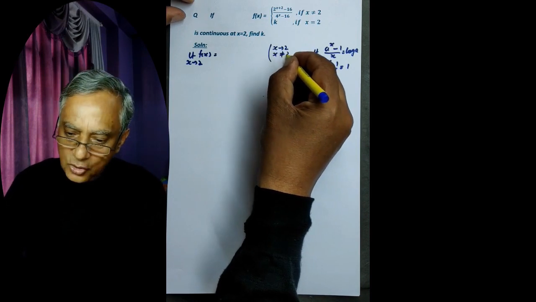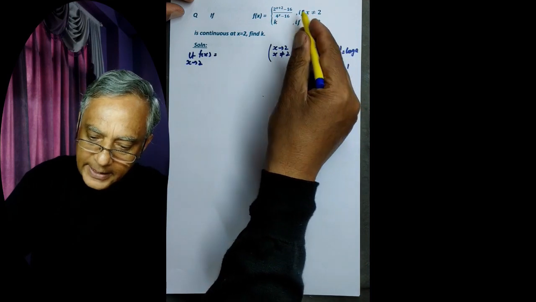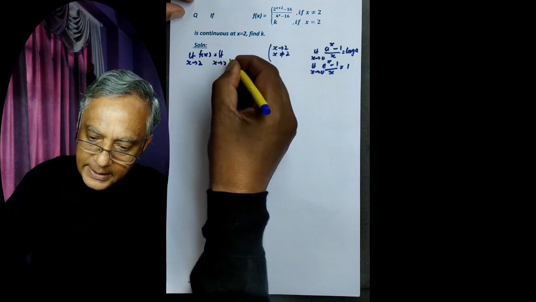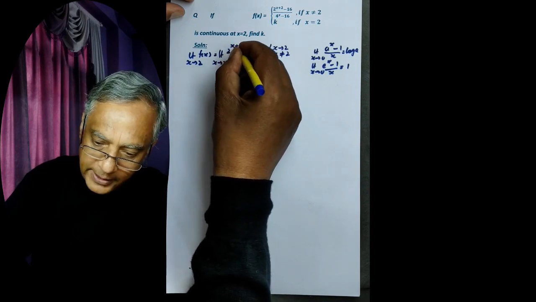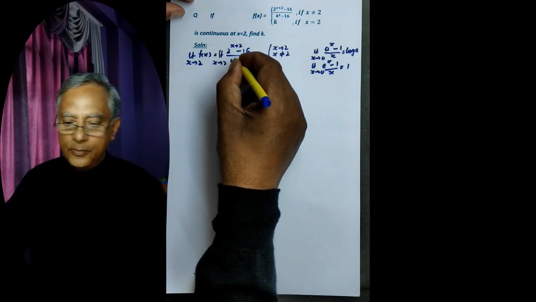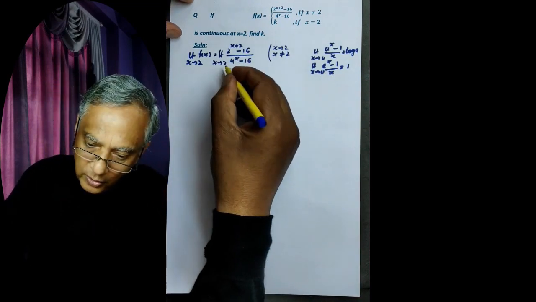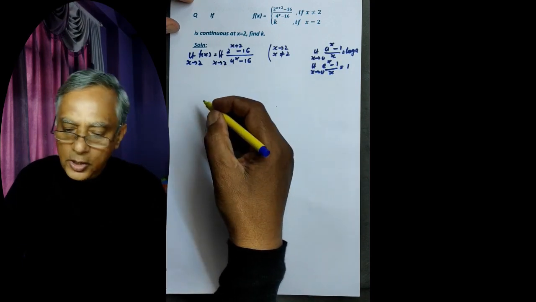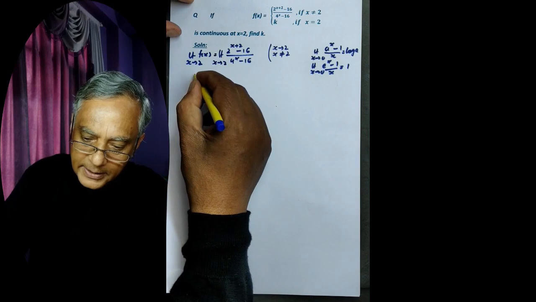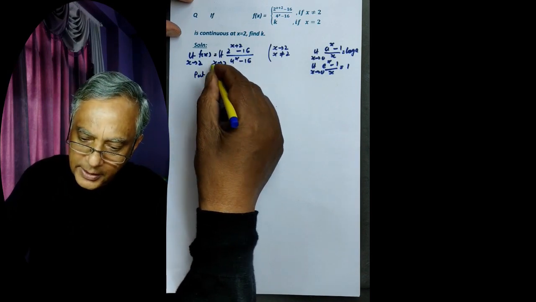So x is not equal to 2, this definition will be used, and we will have limit x approaches 2 of 2 to the power of x plus 2 minus 16, whole divided by 4x minus 16. Now to convert this into a 0 limit, what we do is put x minus 2 equal to t.